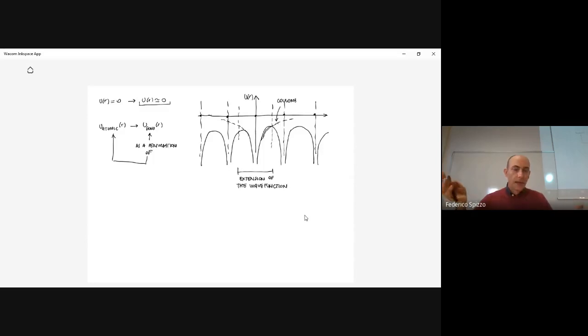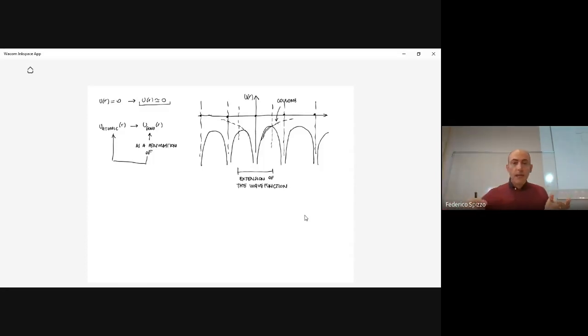Yeah, so extension means the probability density is different from zero, in principle up to infinity, but let's say the position range where the probability density is significantly different from zero is of the order of the distance between the two vertical lines that I put there on the diagram.